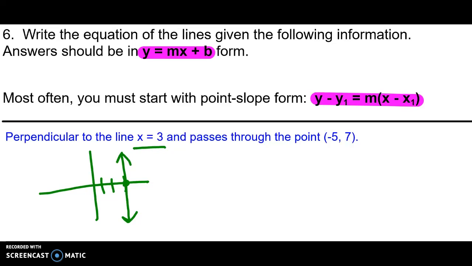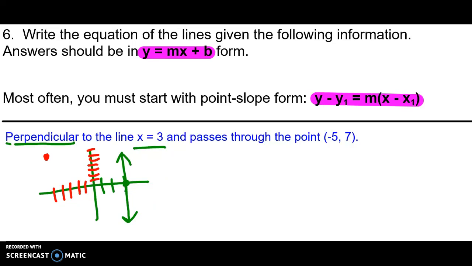Now, we want to be perpendicular to this line, but we want to pass through the point negative 5, 7. So let's think. Negative 5 and positive 7. 1, 2, 3, 4, 5, 6, 7. That would be about right there.